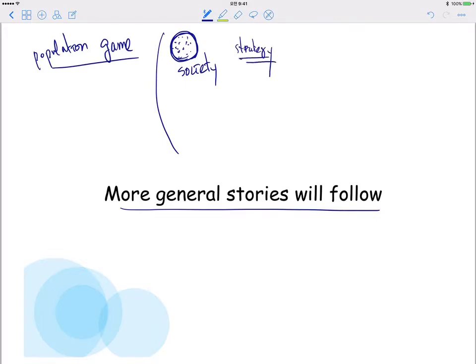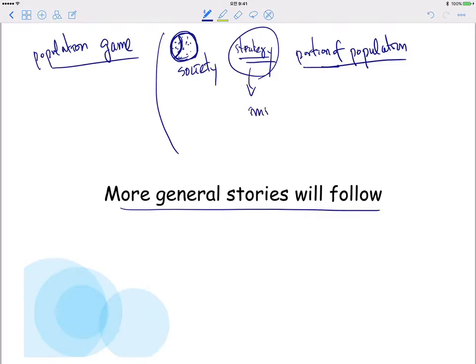We cannot talk about the strategy of an individual. We need to talk about the portion of the population that chooses a specific strategy. So a particular portion of the population can be regarded as a strategy. If you now allow a general portion, then this can correspond to the mixed strategy in a normal form game.